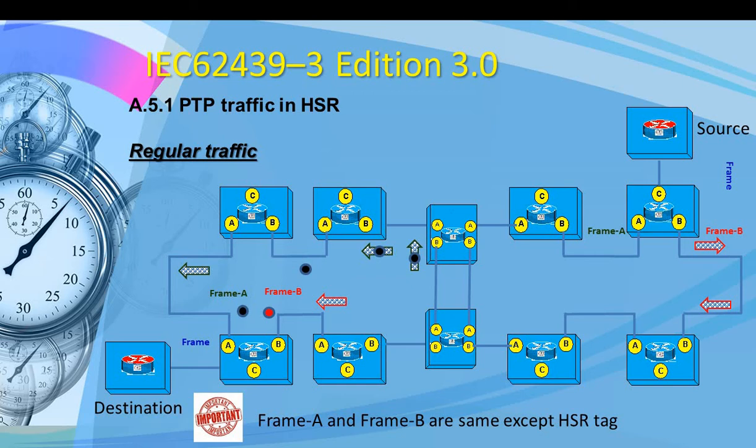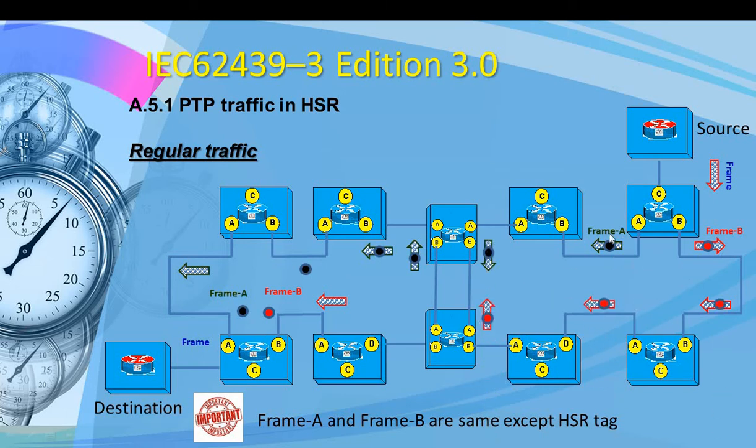Here is the regular traffic forwarded from source to destination. A frame is sent out from the source host, and the first RedBox sends out the frame in 2 different directions.